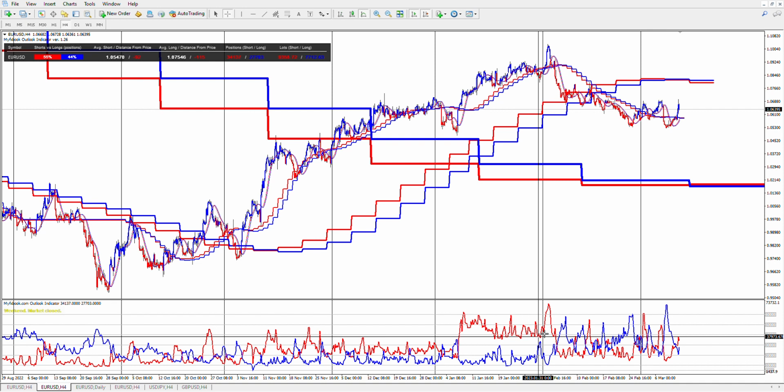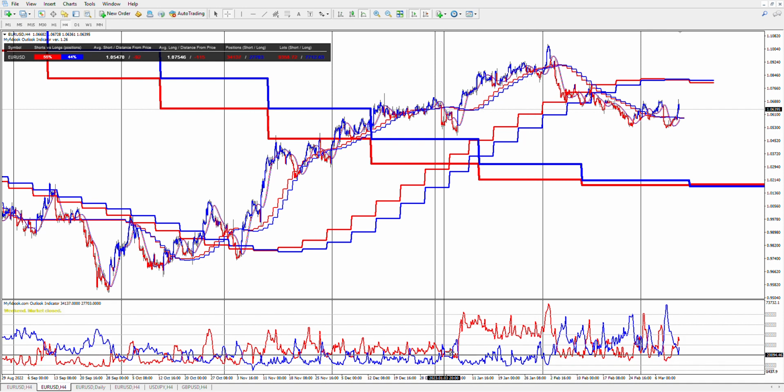So each month we see that the bears and the bulls stay at a specific level of support, and I mean on the Myfxbook Outlook Indicator. That is very, very important to watch. Because last month in February the bears stayed at around 20,000 lots. That was their level of support, while the bulls stayed at 30,000 lots and even higher on average.